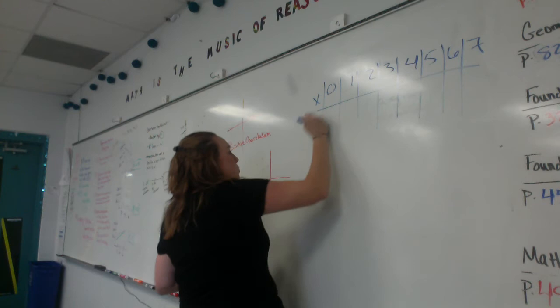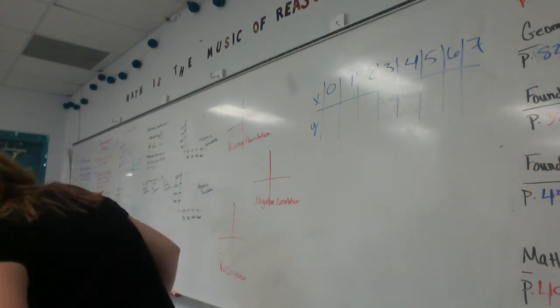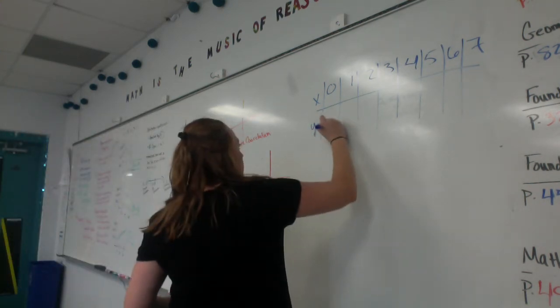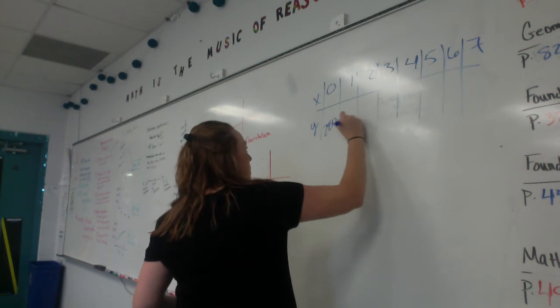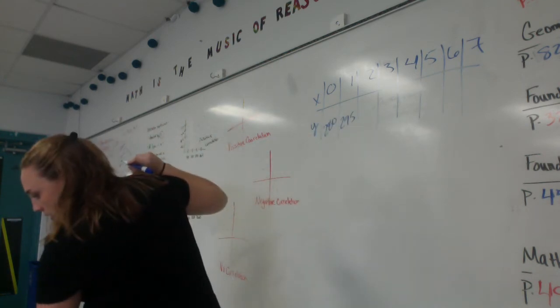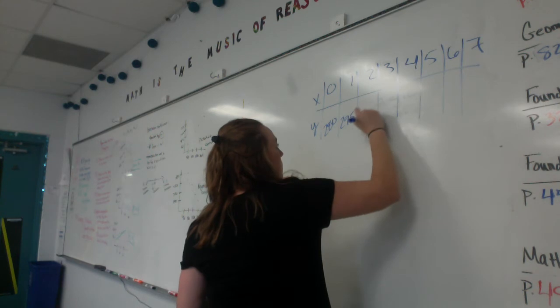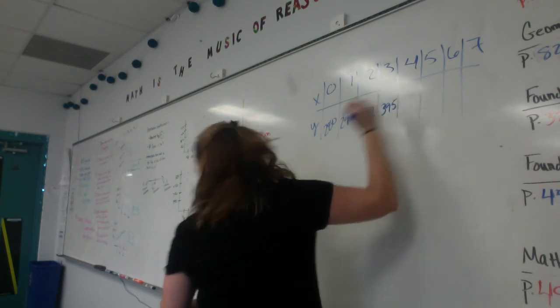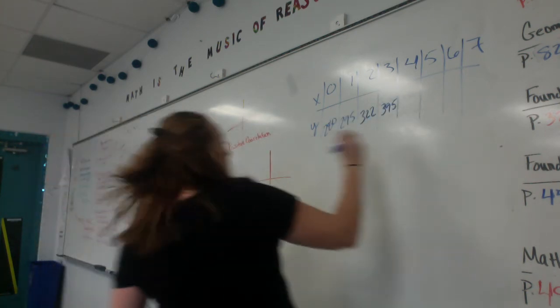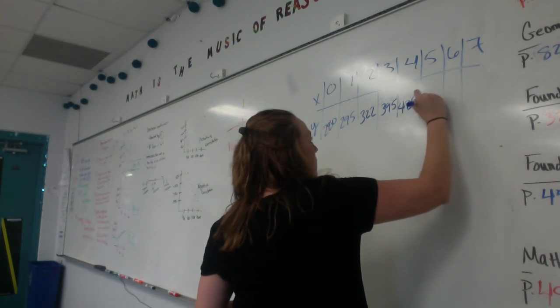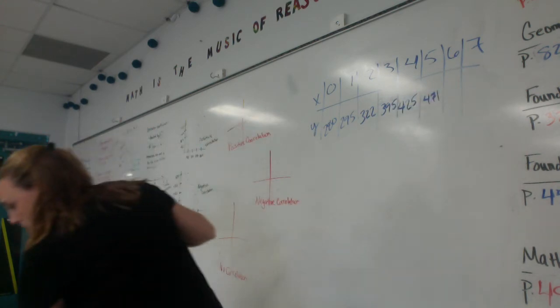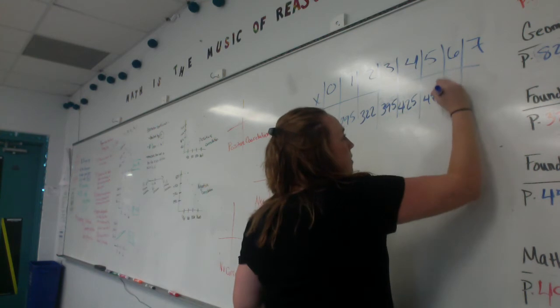This is X, this is Y. So that's what it told me: 280, 295, 322, 395, 425, 471, and the last 2 are 511 and 548.